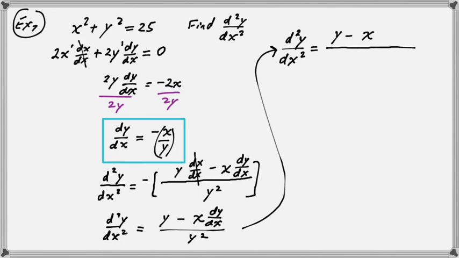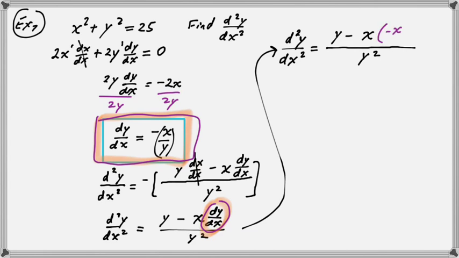Now, here's one of the things people don't notice: you can't leave dy/dx in it. Is there something I might be able to replace dy/dx with? So I'm going to replace the dy/dx here with negative x over y, and then I'll try to clean this up.